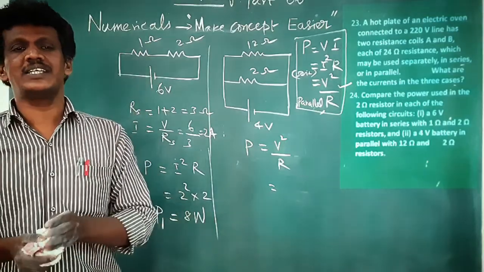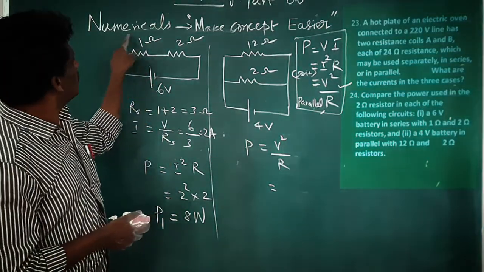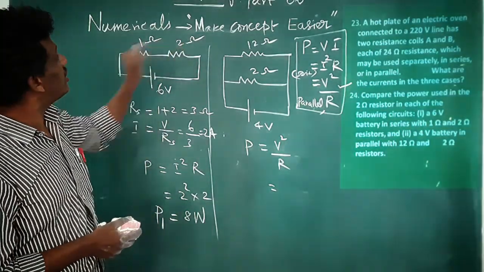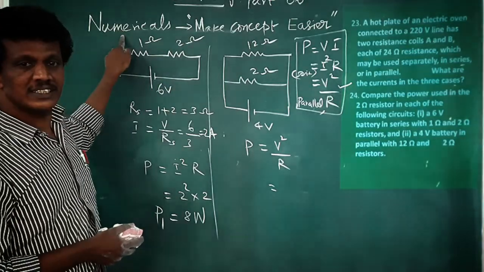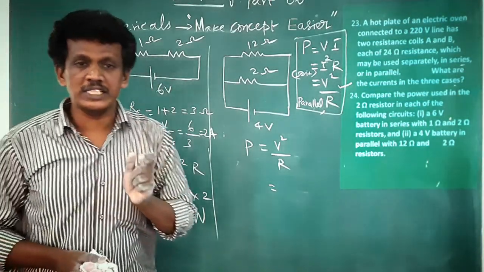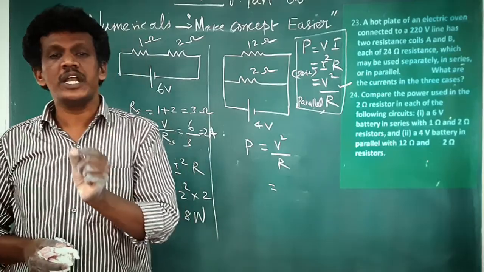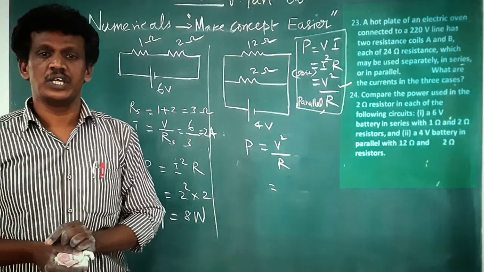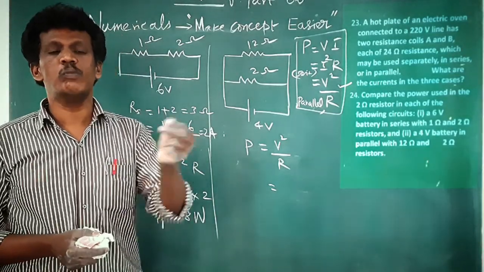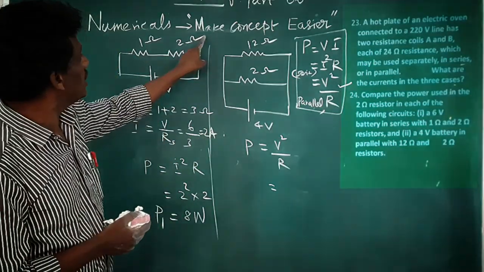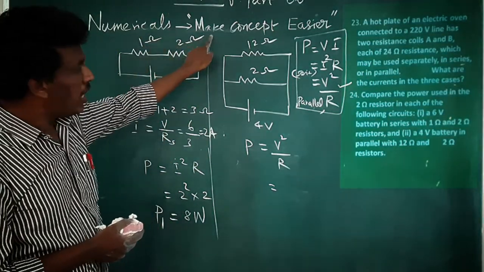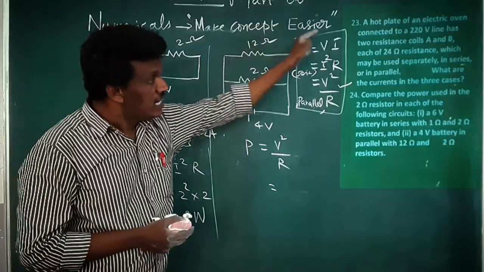Once you understand the concept, the numericals are very simple. So what I have written here, you see, numericals. What I told yesterday, numerical is nothing but concept in depth. Yes, you can understand the concept more and more in detail. What I have written here, numericals make concept easier.